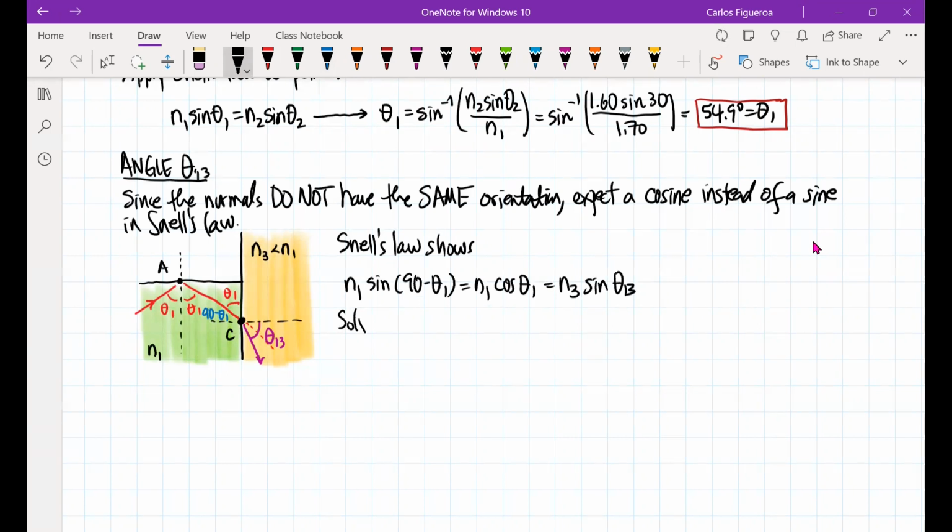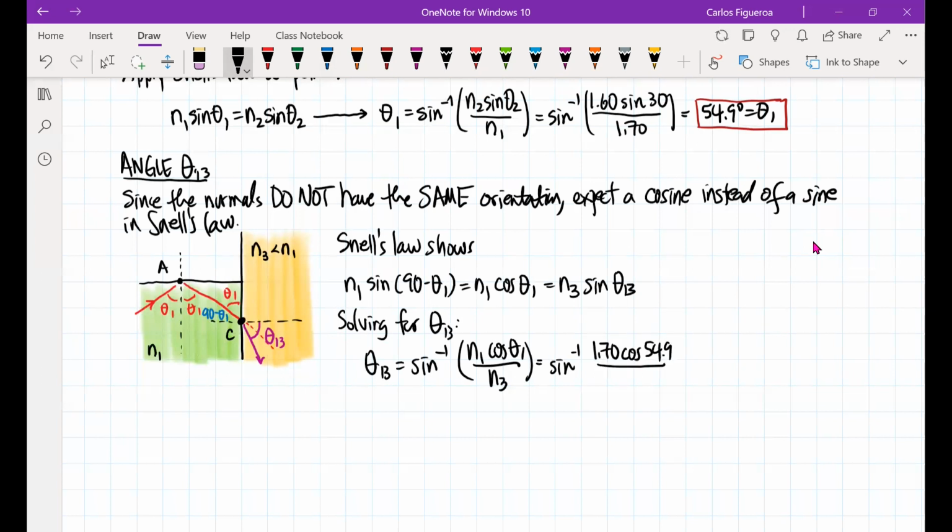So now solving for theta 1,3, we see that theta 1,3 is going to be the sine inverse of N1 cosine of theta 1 divided by N3. If I now punch in my values, I get 1.70 cosine of 54.9 degrees divided by N3, which we calculated to be 1.39. And the value that we get is 44.7 degrees for theta 1,3.